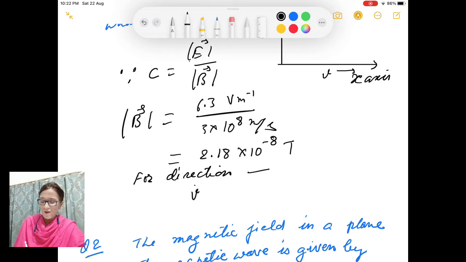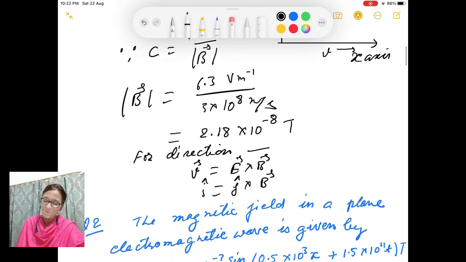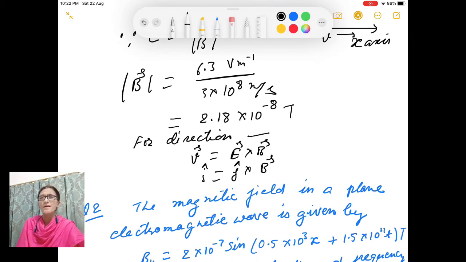The velocity vector is equal to the cross product of electric field and magnetic field. It is along the i cap direction, and the electric field is along the j cap direction. This is the direction of magnetic field that we need to write. Now we know that i is equal to j cross k.